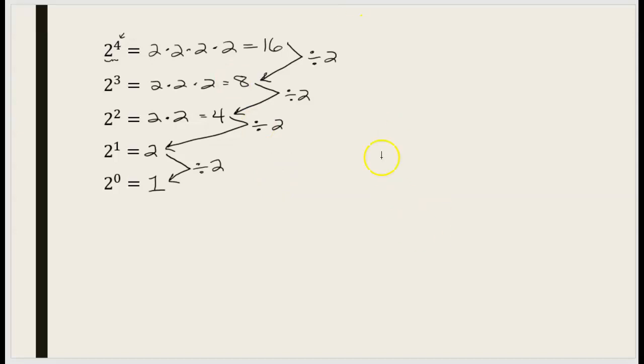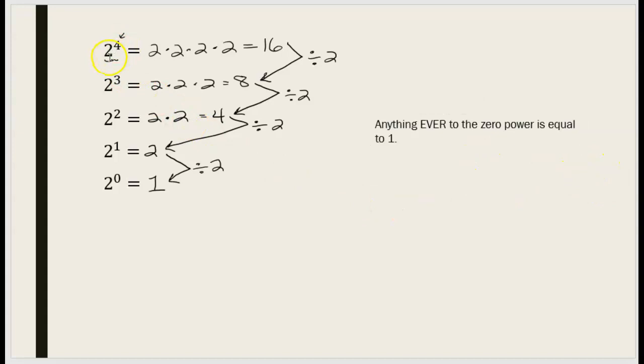So let me get a text box in here real quick. Anything ever to the 0 power is equal to 1. And it doesn't matter what your base is.